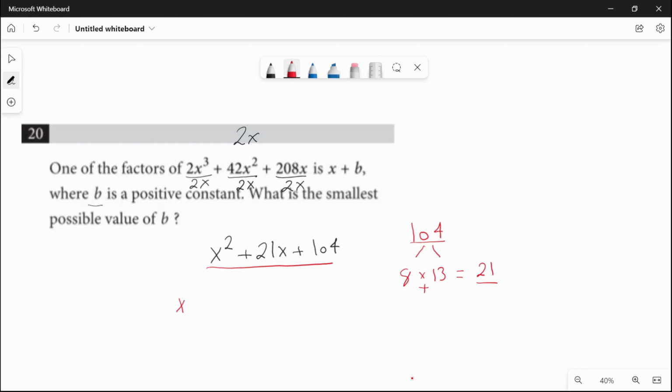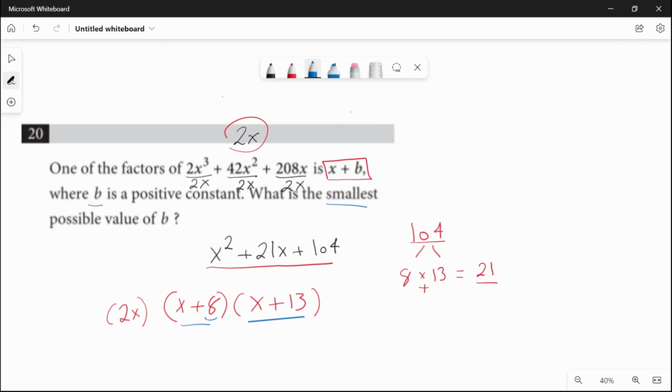So x plus 8 will be one factor of this function, and x plus 13 will be the other factor of this function. Of course, we have another factor, which is 2x. Anyway, our answer is in the form of x plus b, so it should be one of these two factors. And the question told us that the answer is the smallest possible value. The smallest possible value of b is equal to 8. So the answer for this question is 8.